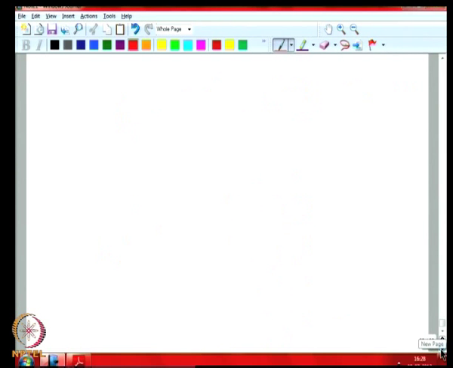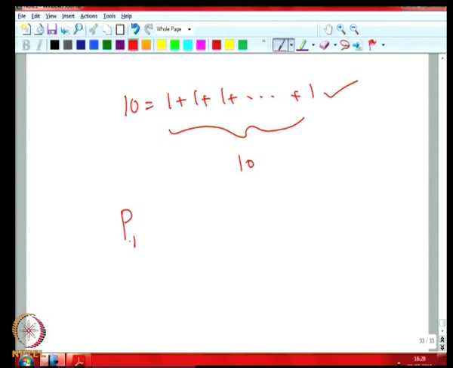And similarly 10 equal to 1 plus 1 plus 1 plus 1, ten ones, is a valid one, because they are all odd numbers. And the number of such partitions is called PO of 10, the number of odd partitions of 10.